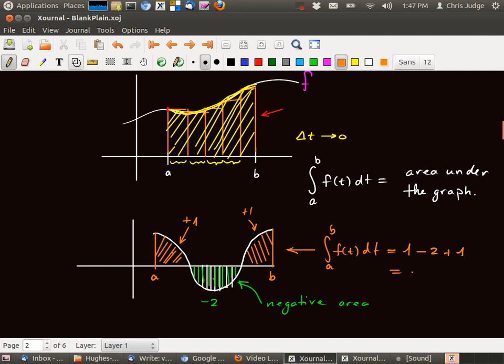So altogether, in fact, for this example, the integral is actually 0 if these are the values 1, 1, and this area is 2. Okay, this ends our introduction to the definite integral.